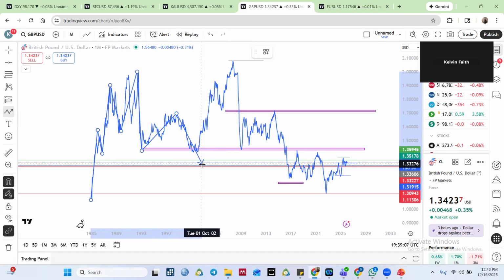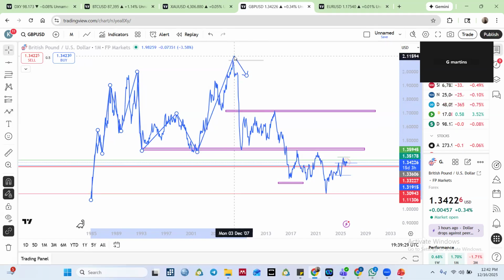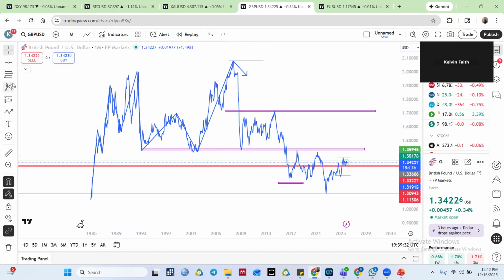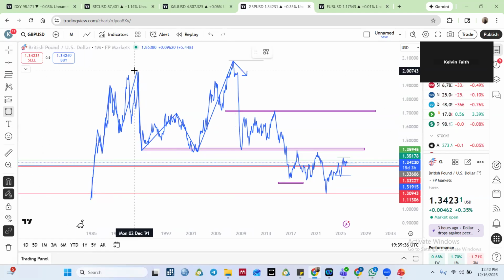moved up, and then came down also here. Then it made a very big move to the upside here, taking out, observe closely, this previous high point.